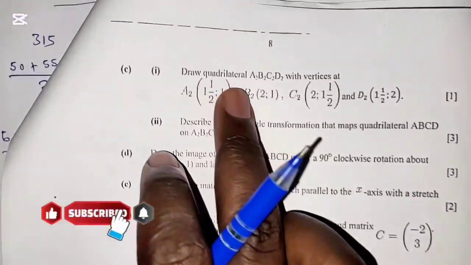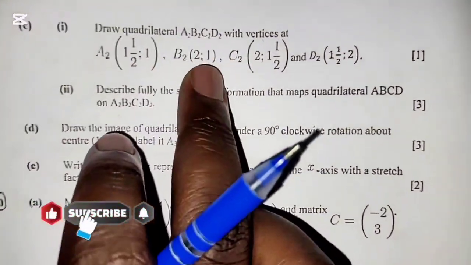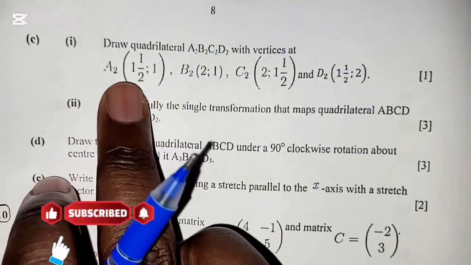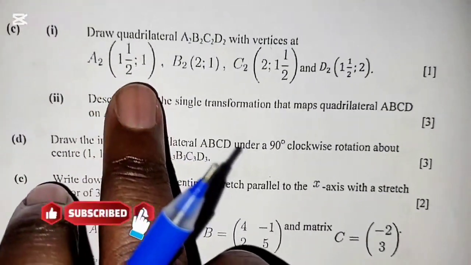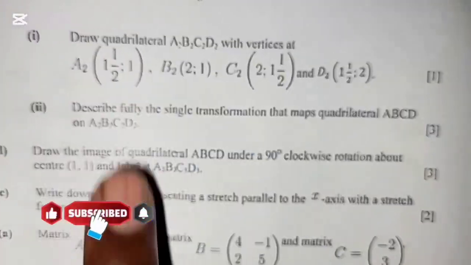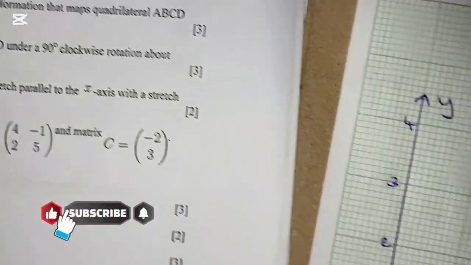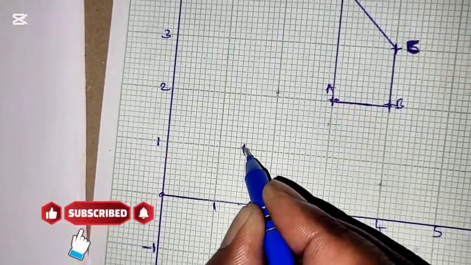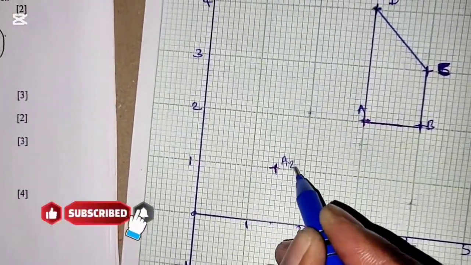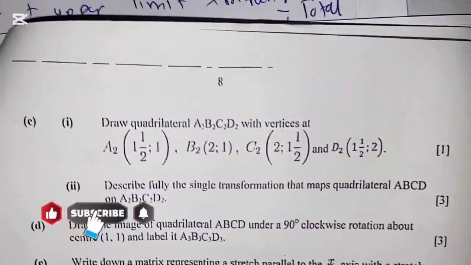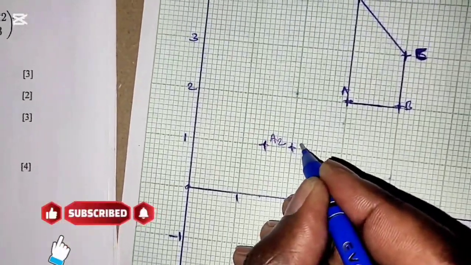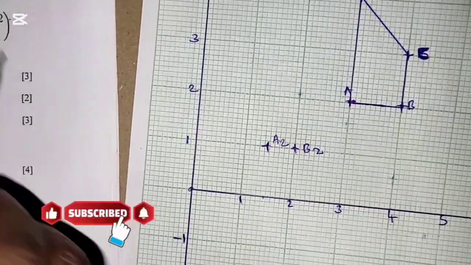So draw a quadrilateral A2, B2, C2, D2 with vertices at A2, that's 1.5 and 1. So that's here. That's A2. Then 2 and 1, that's B2.